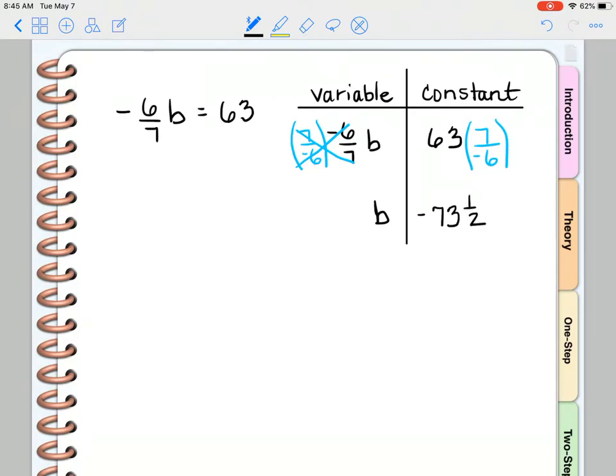Going to check that one more time. 63 times 7 over negative 6 is negative 73 and a half. So make sure that you don't lose your negative sign. Again, if you want those parentheses, that is fine. And that's your final answer.